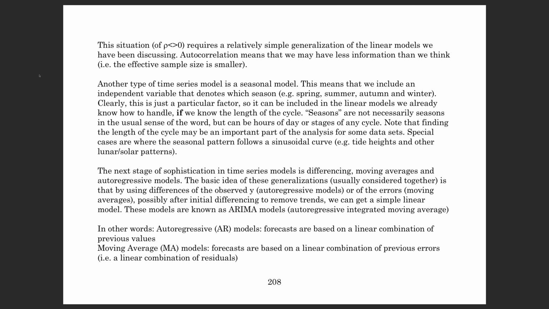These elements together are called ARIMA models, which is short for autoregressive integrated moving average. This is a bit complicated, so let's look at the simpler parts.